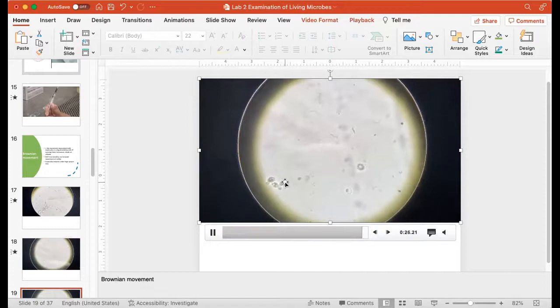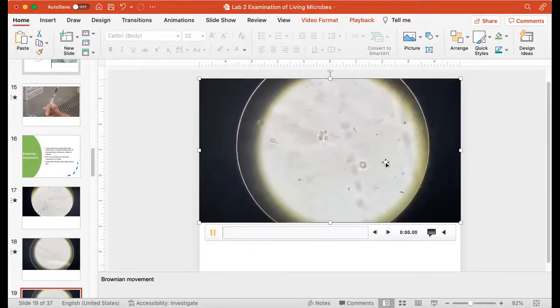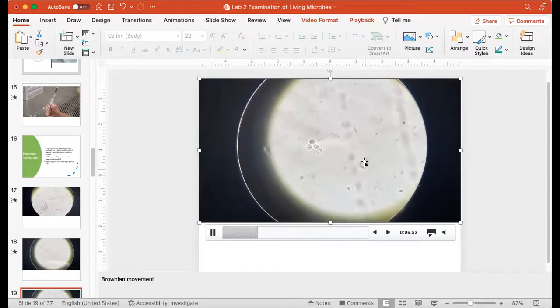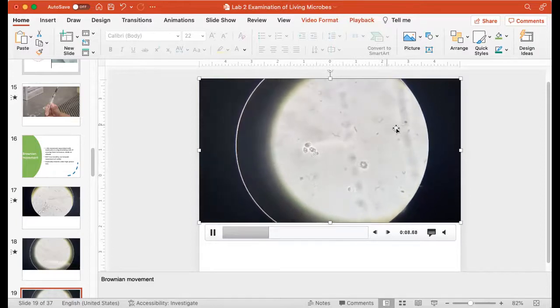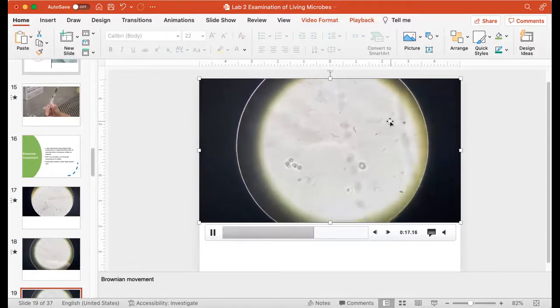And the other reason I know it's not a current is because there are other things moving that are not going in that direction. There are other things moving around, vibrating, that are not traveling in this direction. There's something right there that's vibrating. That's Brownian movement. That's not real.